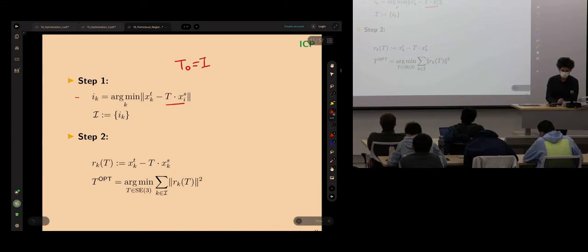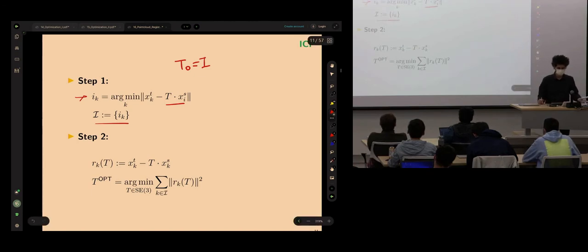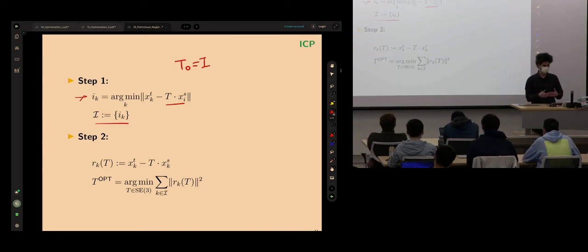This means find the nearest neighbor index. Once you search, at this point you don't necessarily have the same number of points, but you find a set of associations, and using these indices, you can have the correspondences.